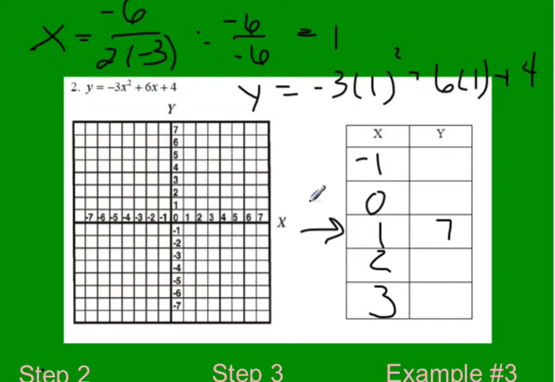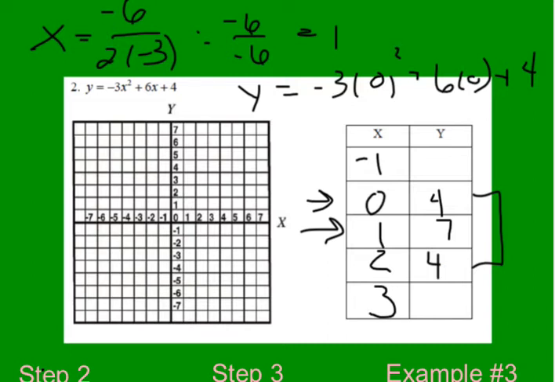Now I'm going to plug in 0. So I'm going to go back up to the 1. Wherever I plugged in a 1, now I want to plug in a 0. When I plug that in, I end up getting 4. Here's the cool thing about doing the table this way. If we set it up with these x values, then these 2 values on the table will be the same, so this will also be 4.